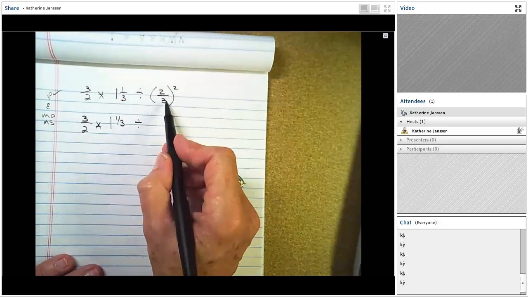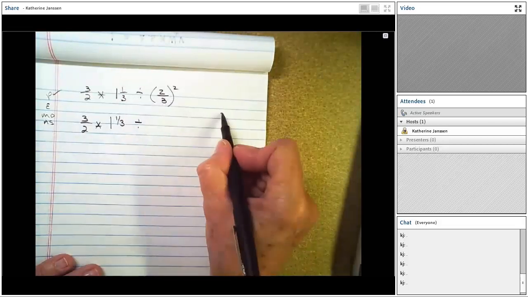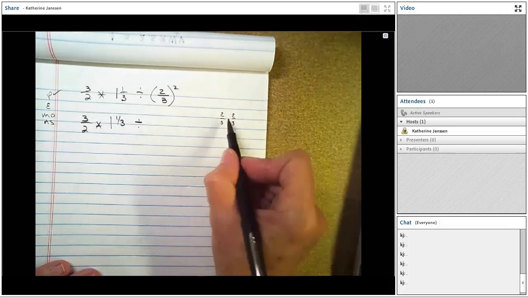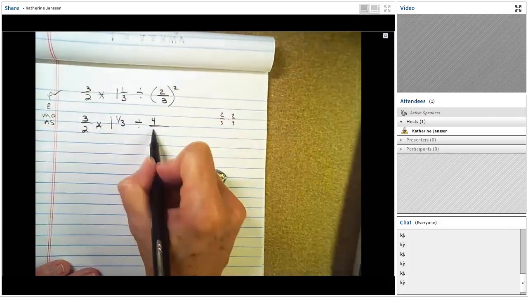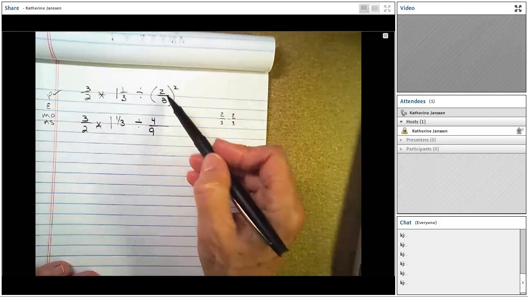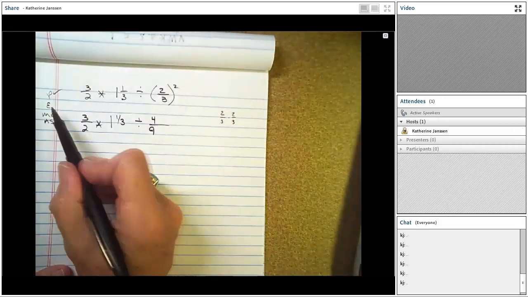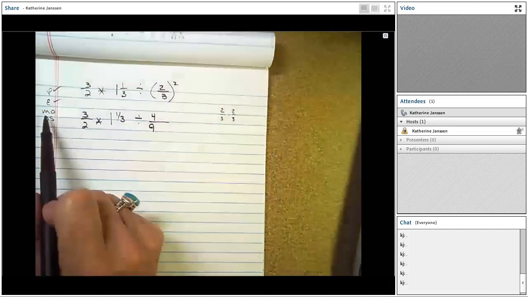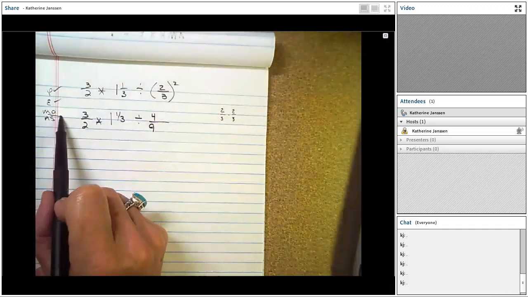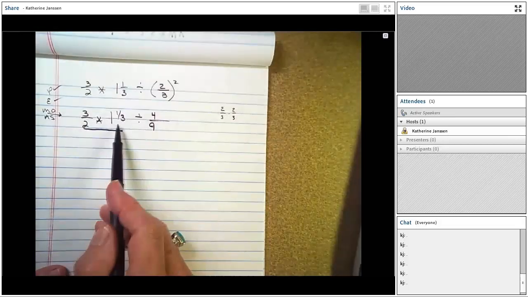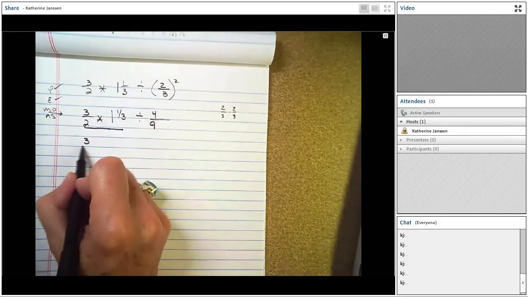2/3 times 2/3. 2 times 2 is 4. 3 times 3 is 9. So 2/3 squared is 4/9. So I took care of exponents. Now we do multiplication and division from left to right. So I have multiplication first, 3/2 times 1 1/3.